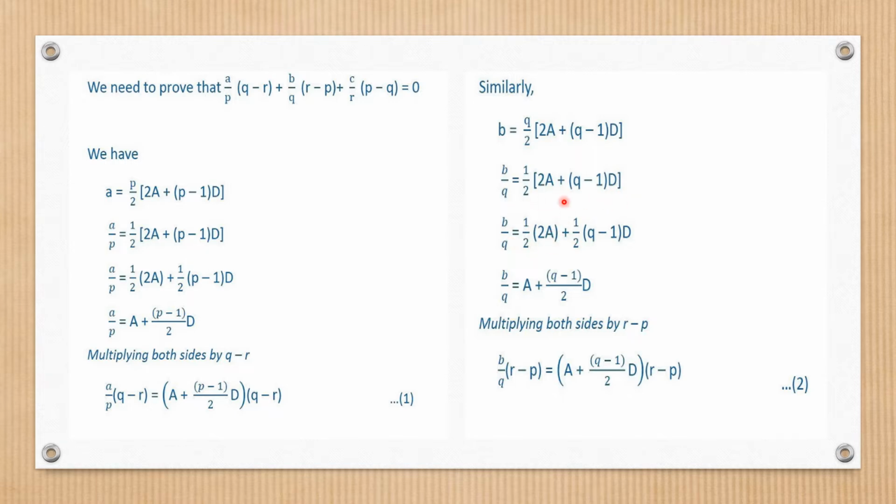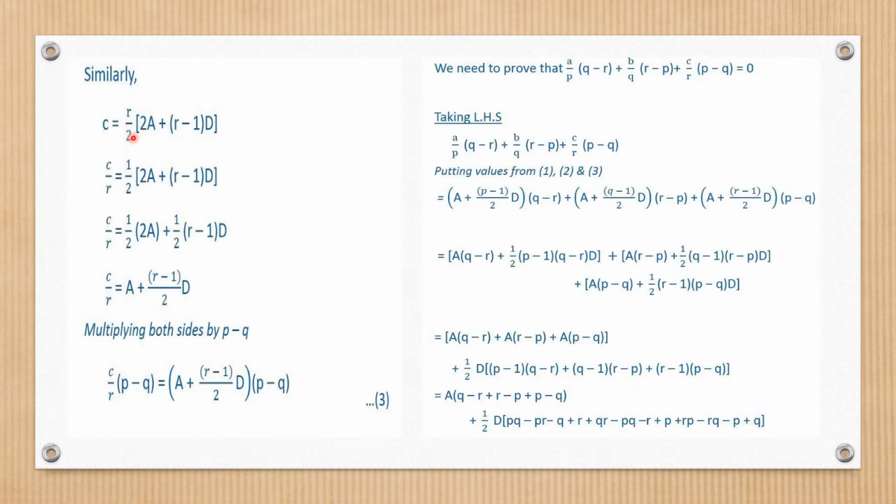Again we will break these terms, 2A plus half of (q minus 1)D. So this is A plus (q minus 1)D by 2, as we got for a by p. Now it should be multiplied with r minus p. So by multiplying with r minus p on both sides, I get b by q times (r minus p) as this, complete multiplied with r minus p. This is number 1, this is number 2. Now next I will make c by r similarly.